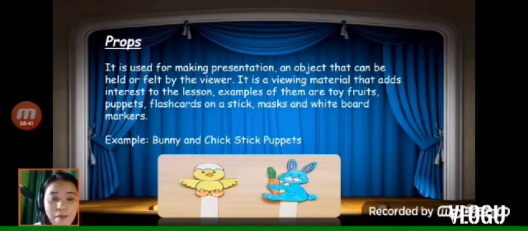It is used for making presentations, an object that can be held or felt by the viewer. It is a viewing material that adds interest to the lesson. Examples are toy fruits, puppets, flashcards on a stick, masks, and whiteboard markers. As you can see below the presentation are the bunny and chick stick puppets.